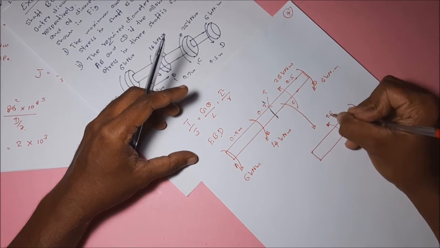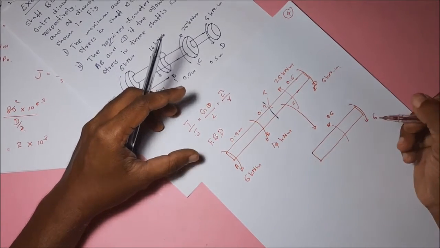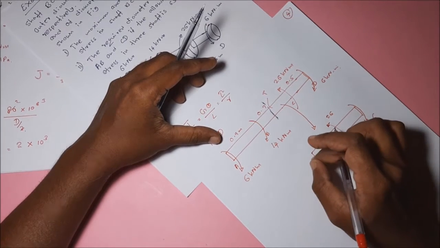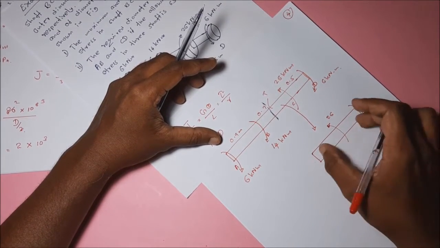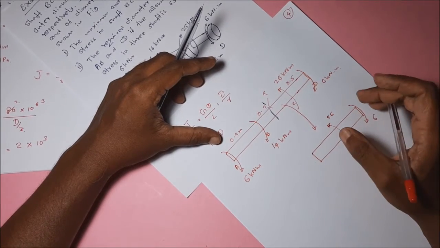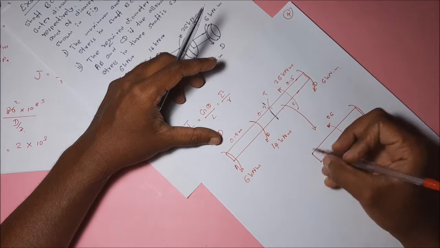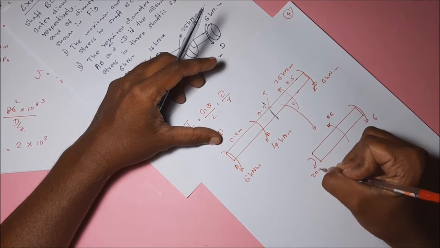Here it is 26. Okay, what should be the torque in here, and what is its direction? It means what torque should be applied on this cross section to balance this, because it is in equilibrium, it is not accelerating. To balance this torque, there should be a 20 torque in here.